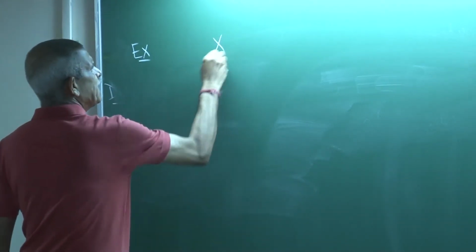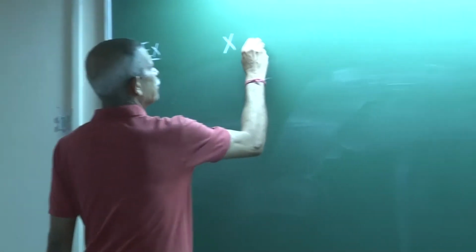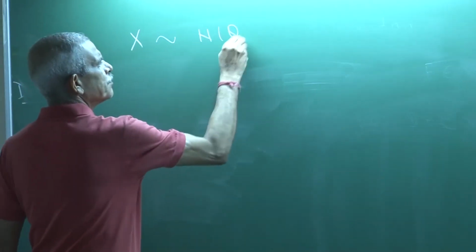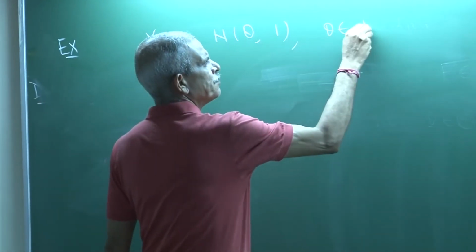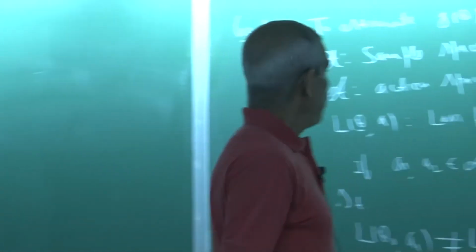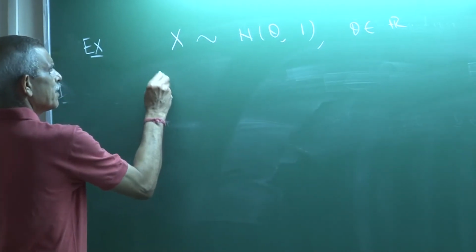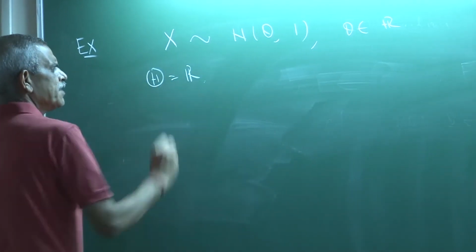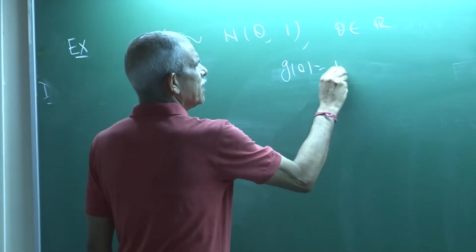So, to understand this, let us consider one example. Suppose my data is only one observation, X is normal(theta, 1), where theta belongs to R. So what is my parameter space over here? The parameter space is R, and suppose I am interested in estimating g(theta) equal to theta.